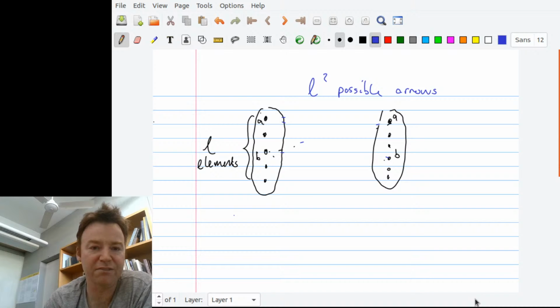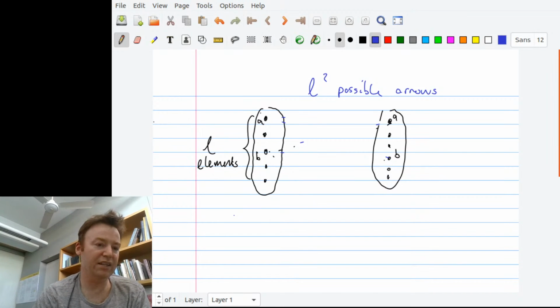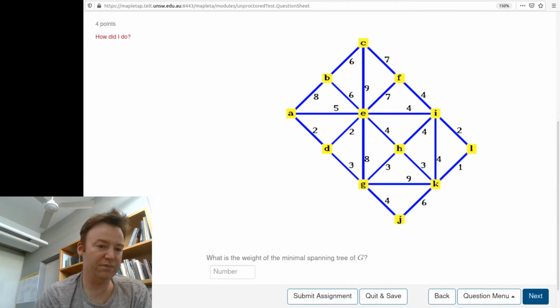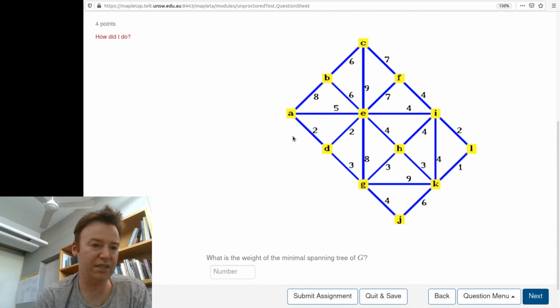Consider the weighted graph below. What is the minimal spanning tree? That one I can do. Oh, you can't see the question. Okay. So here we're just going to do a minimal spanning tree question.